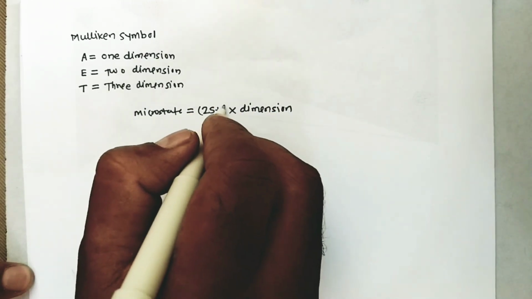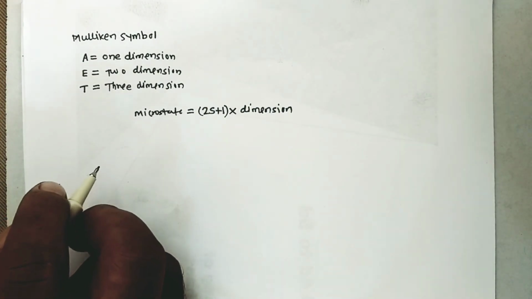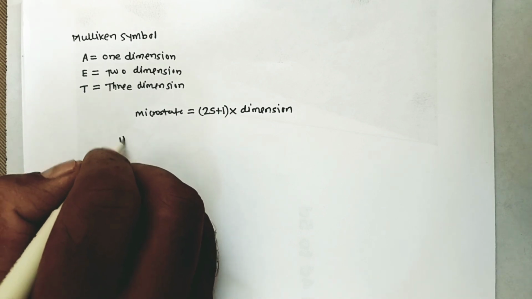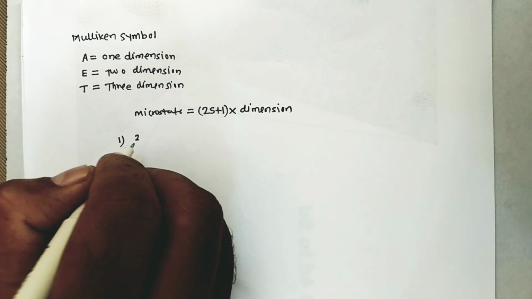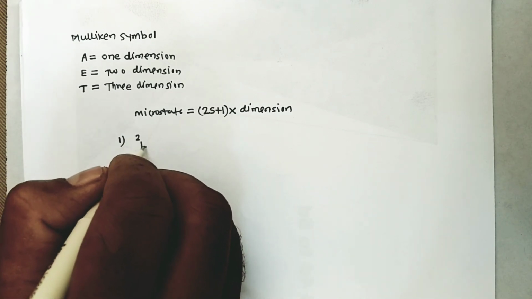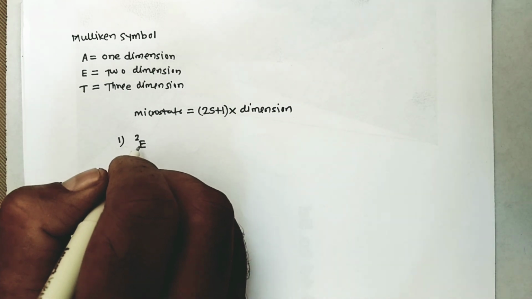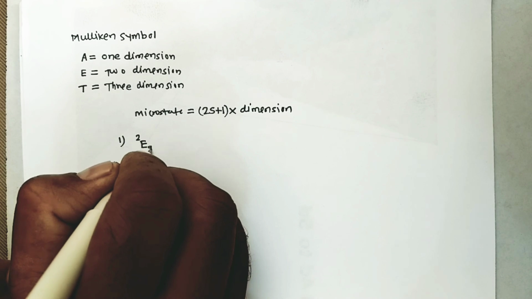This 2S plus 1 is nothing but the spin multiplicity. So let us see the example. Calculate the number of microstates for the Mulliken symbol 2E.